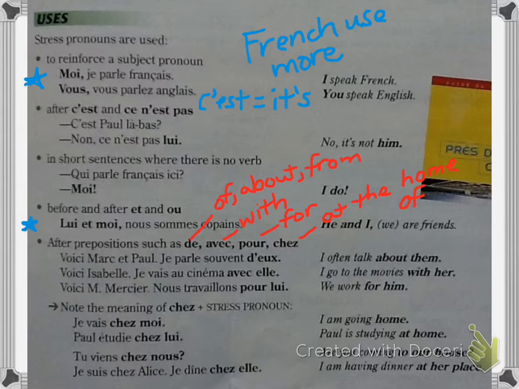So many of these uses are the same in both French and English. The two that I kind of have starred here are ones that we don't do very often in English, but they do them in French, okay? So again, that subject pronoun reinforcing, and then again, in English we would say he and I, but in French you actually say him and me.